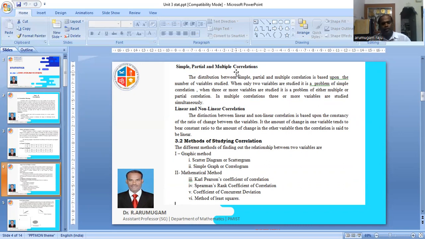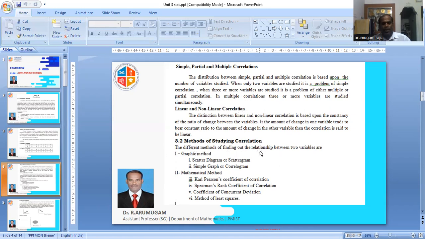Multiple correlation means a relationship among more than two variables. Partial correlation is when we measure the relationship among more than two variables, excluding some other variables. And we also have one more type, total correlation, where all the facts are taken into account.